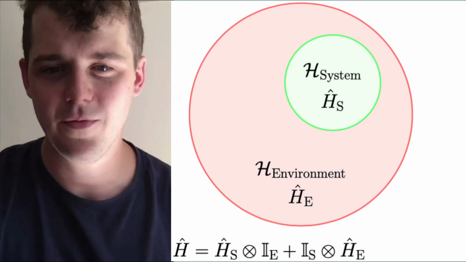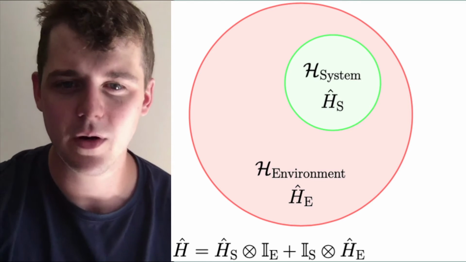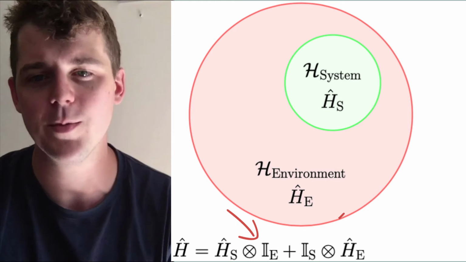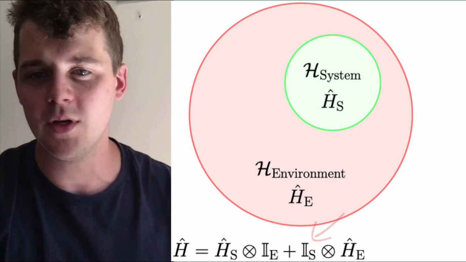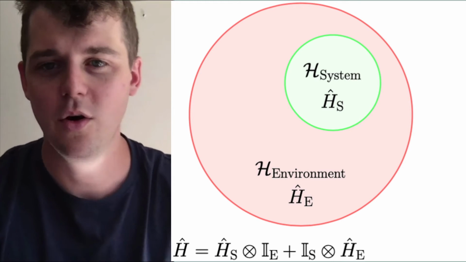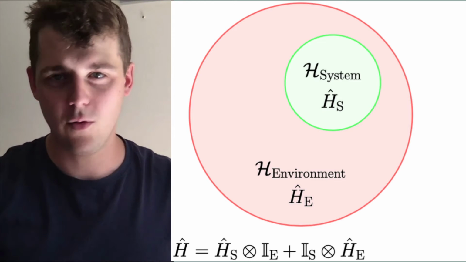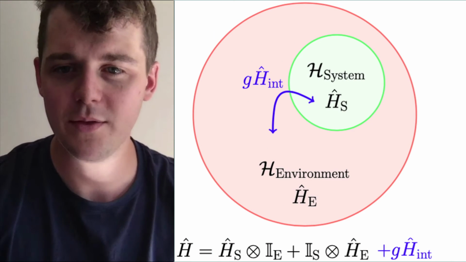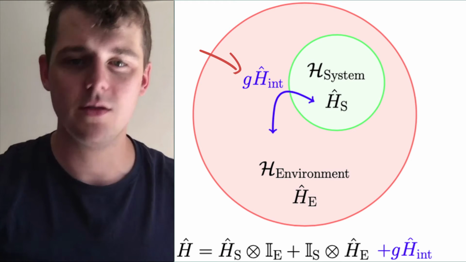So the free Hamiltonian describing the evolution would have this tensor product structure, where H_S is tensored with the identity on the environment Hilbert space, plus the identity on the system tensored with the Hamiltonian of the environment. But the whole point is that we want the bath or the environment to interact with the system. So we're going to assume that there's some small coupling g once again, and some interaction Hamiltonian which mixes the two.